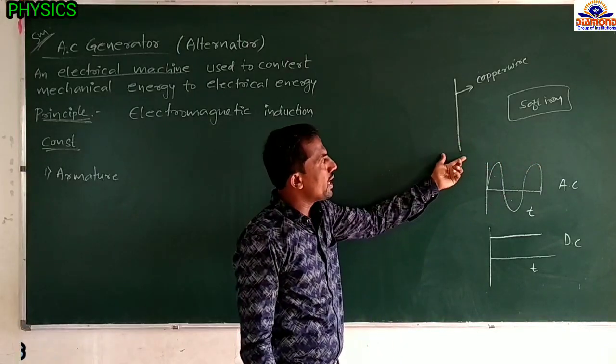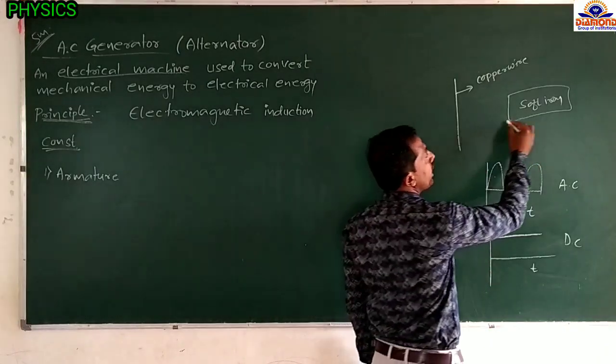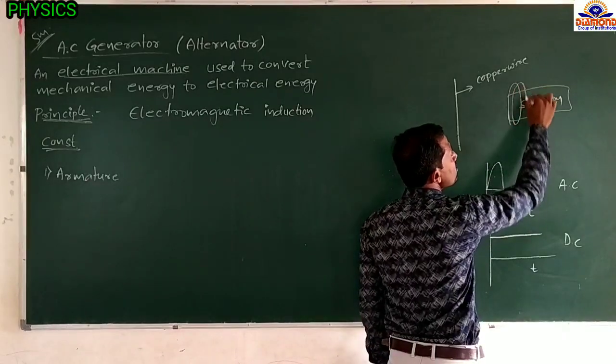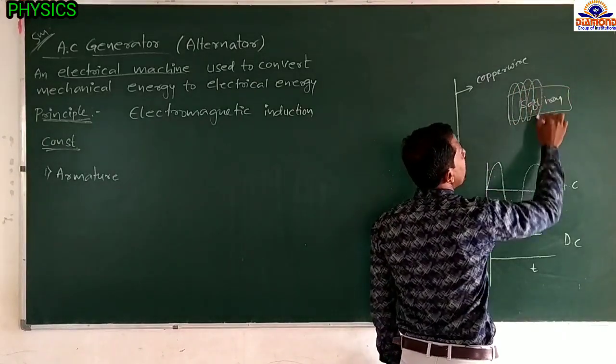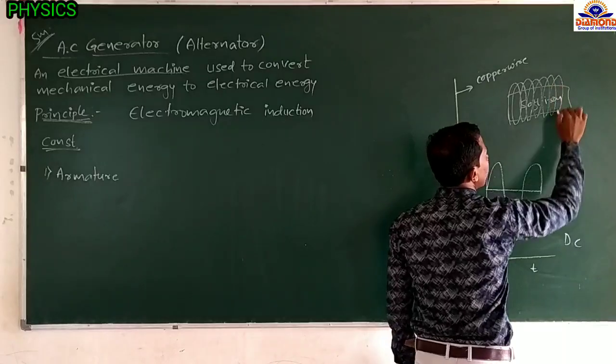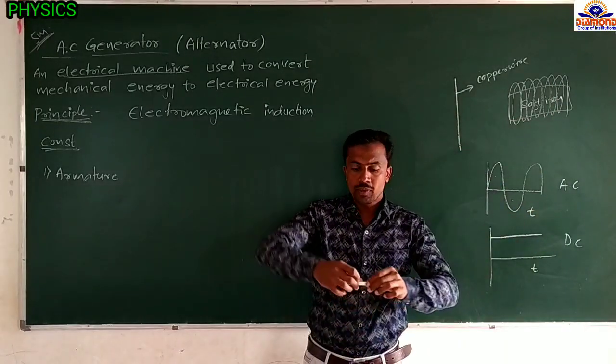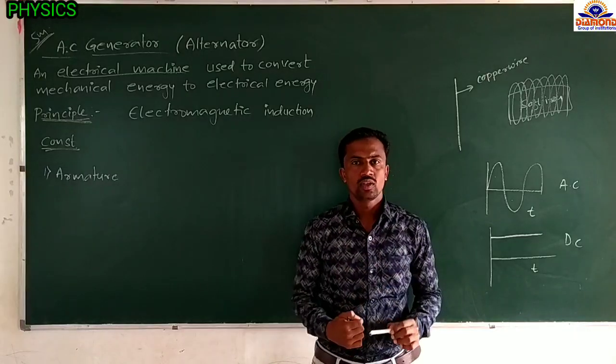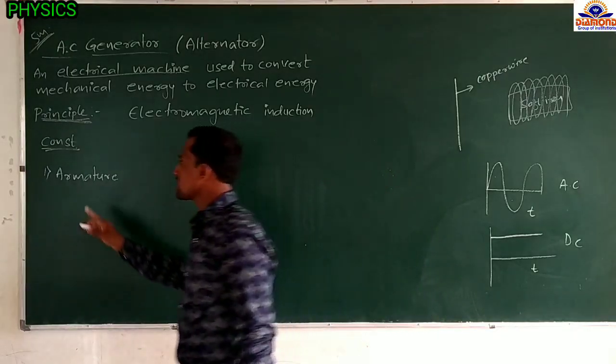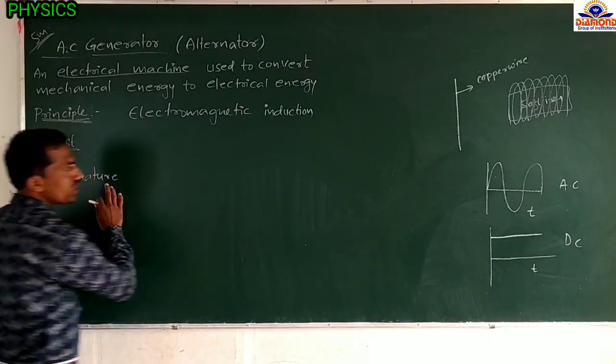If this copper wire is wound in a large number of turns on a soft iron core, such coils are called armature.